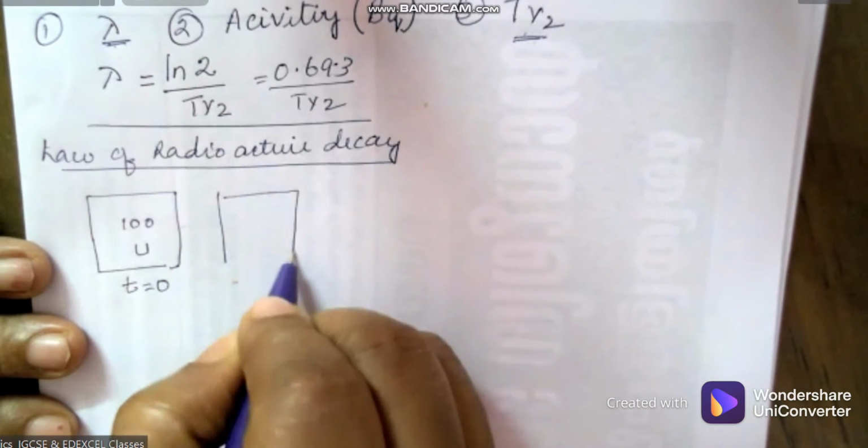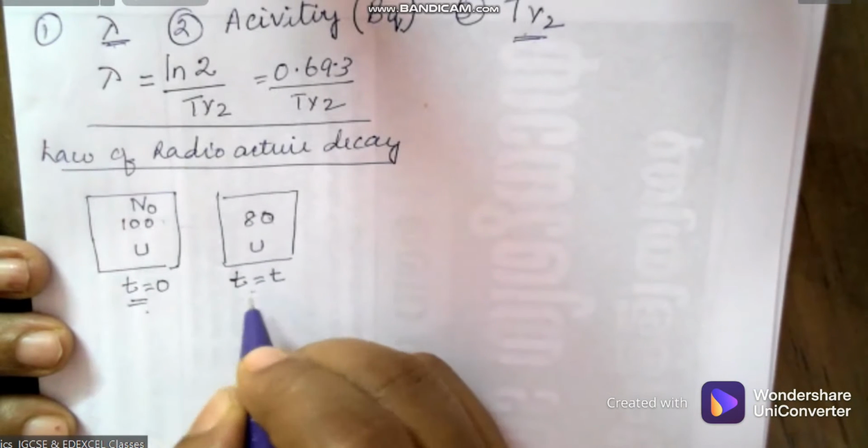Assume that you have, say, 100 undecayed original atoms, for example uranium atoms, at the moment when t is equal to 0, in the beginning of making that sample. After some time, say t is equal to T, some of them have decayed and you have only 80 undecayed uranium atoms.